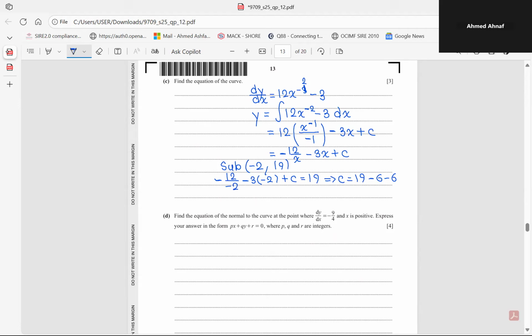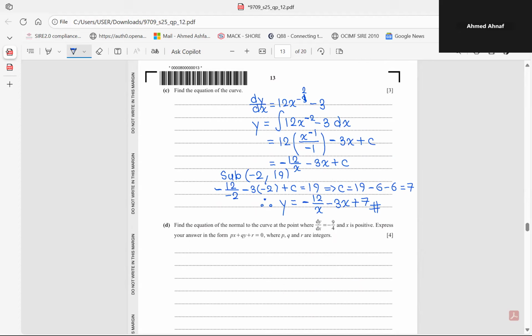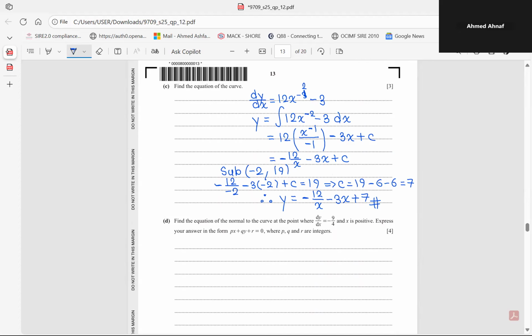Yeah, so -12 divided by -2, that's 6, plus 6. So that's 12. So 19 minus 12, that is 7. Hence, y is equal to -12 over x minus 3x plus 7. So this is our final answer for this question. Let's head on to the next part.